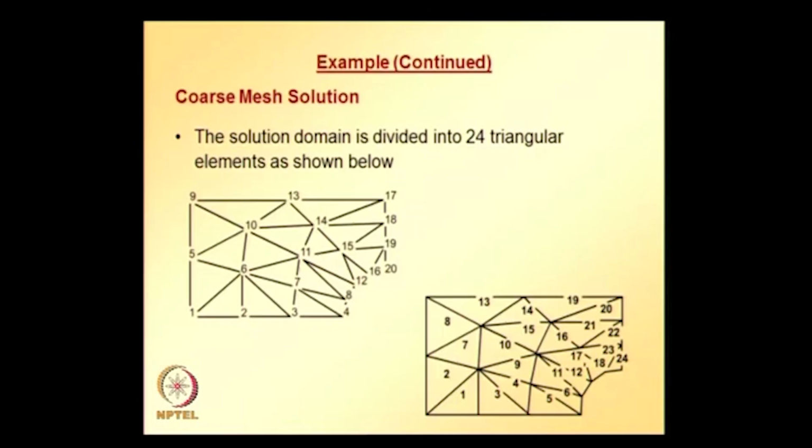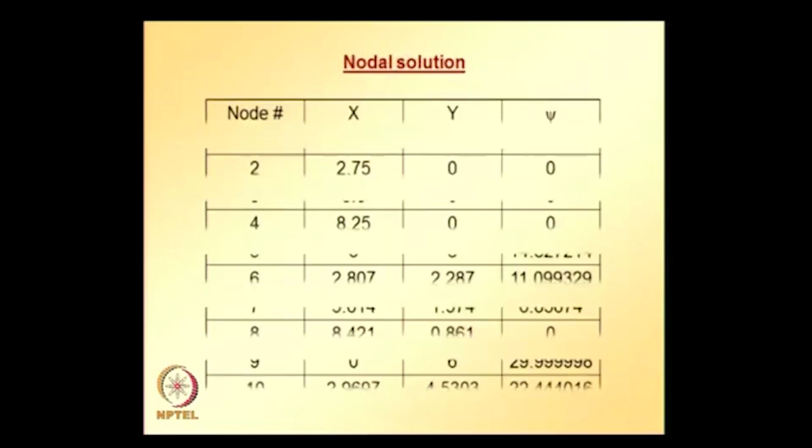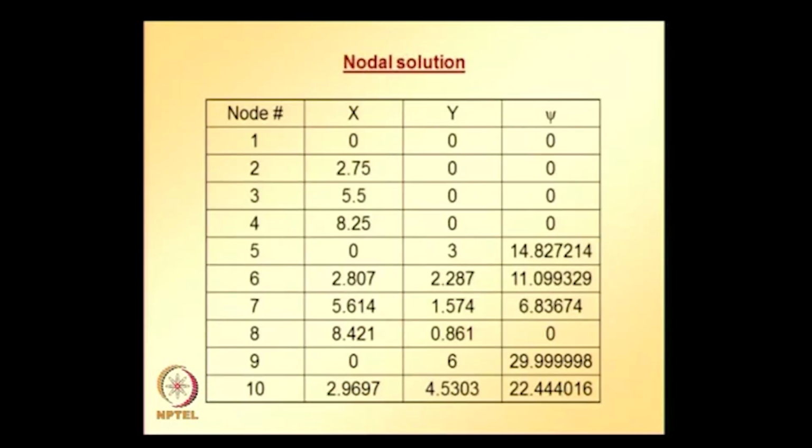And here at each node there is only one degree of freedom, which is the stream function. So the nodal solution details are given here for nodes 1 to 10 in this table, and the next table shows the rest of the nodes.